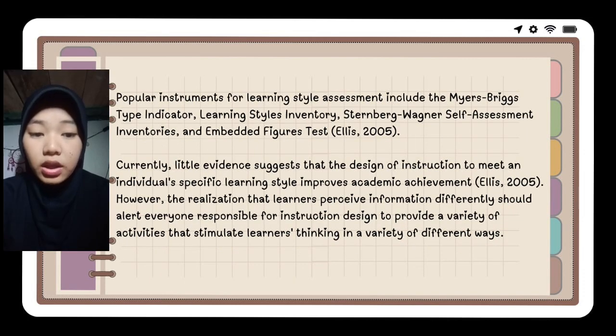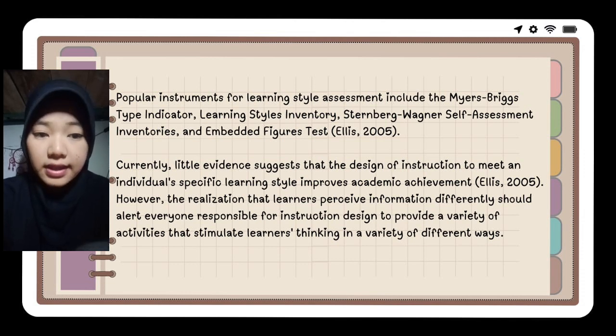Popular instruments of learning style assessment include the Myers-Briggs Type Indicator, the Learning Style Inventory, the Sternberg-Wagner Self-Assessment Inventories, and the Embedded Figure Test.